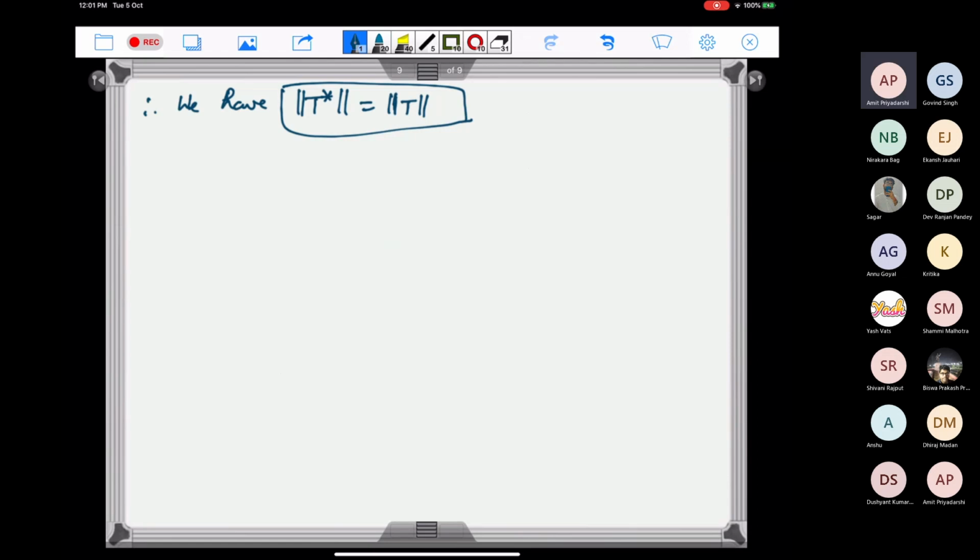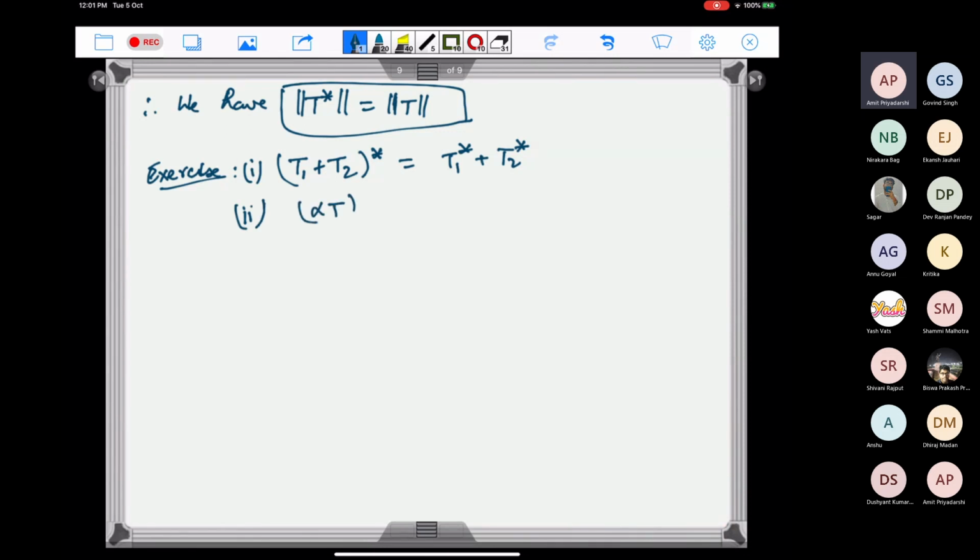Also, you can see that, let me write this as an exercise. This T going to T star: if I have T1 plus T2 star, this is equal to T1 star plus T2 star. This is very easy to check. And second is what happens if I take a scalar multiple.